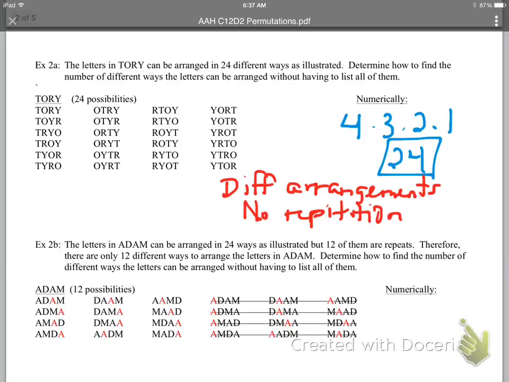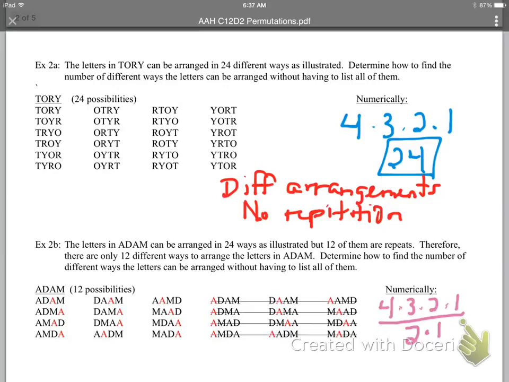So what we're going to do is we still have the 4 times 3 times 2 times 1 because we have the four letters to arrange. Now what we have to take into account is the fact that 2 of the letters are exactly the same. So I'm going to divide out how many ways I can arrange those 2 A's: 2 times 1.